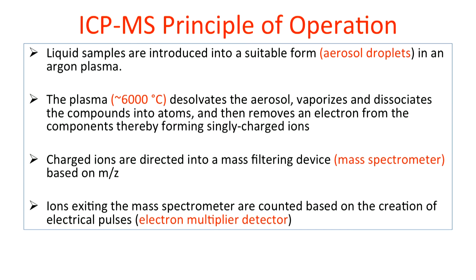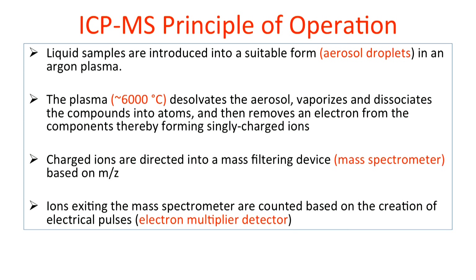A plasma is basically a very high temperature region that contains the argon ions, electrons, other ions, and also neutral particles at a very high temperature, 6,000 degrees Celsius. And what happens is that your solvent, let's say water, is totally dried off in this region.